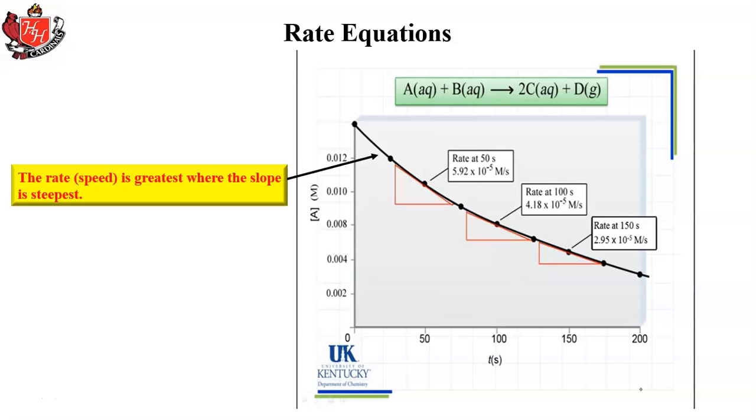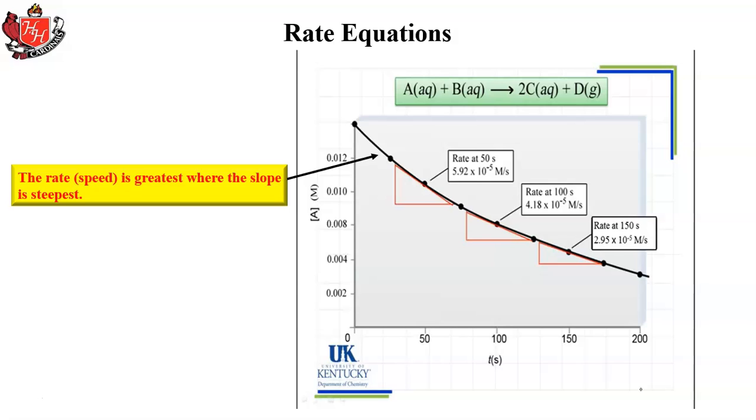So this is a similar type of graph showing just a reactant, and you'll see that they actually give numbers. So at each of those points, you can measure a rate at each of those points by measuring the slope of the line at that specific point. The line that's touching at each of those dots is called a tangent line. And the triangle is simply indicating that you see that the height of the triangle of the first triangle, the one furthest to the upper left, is greater.